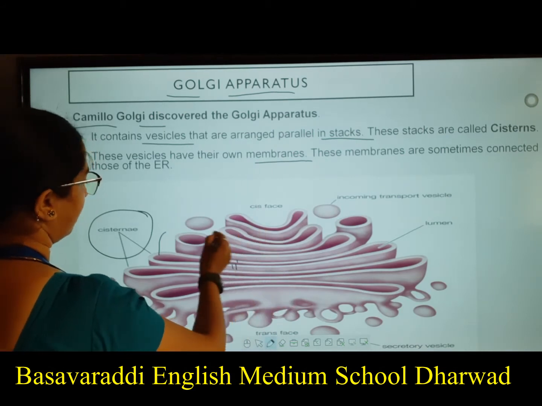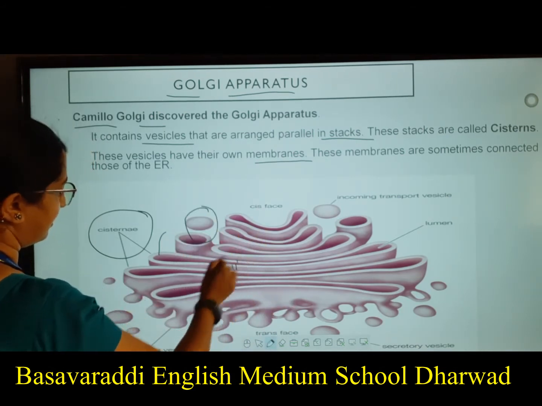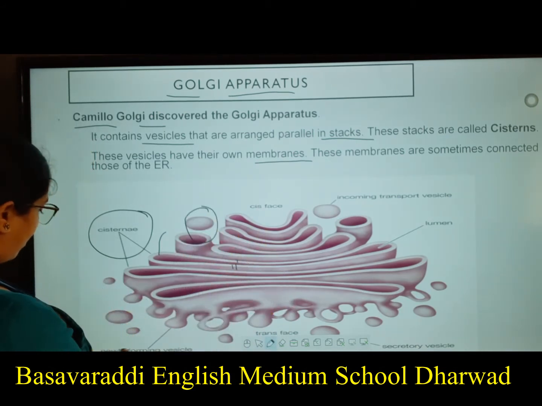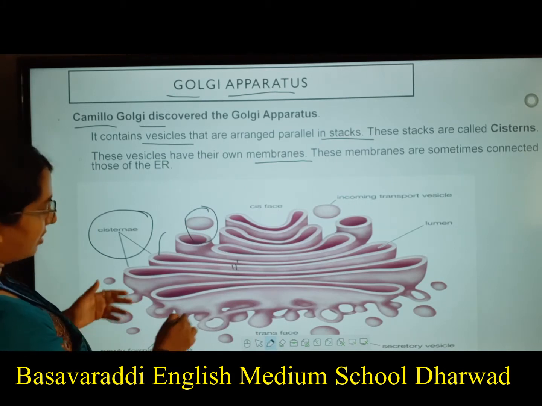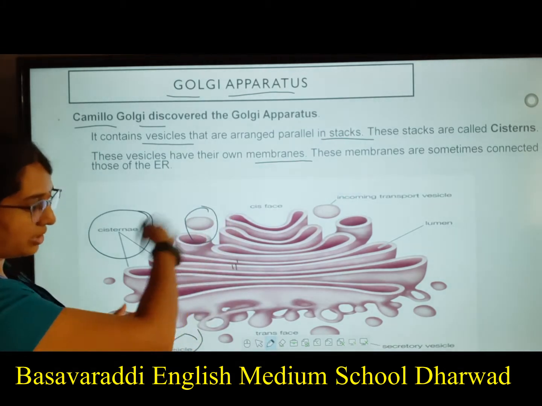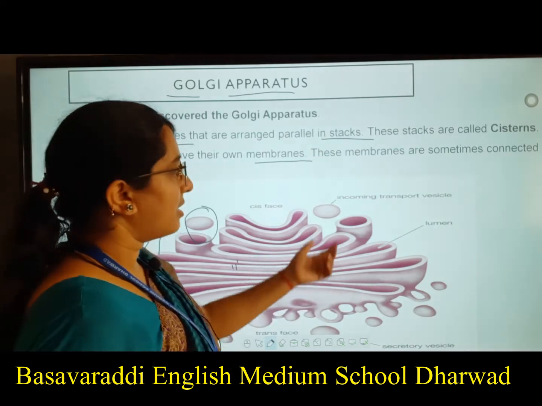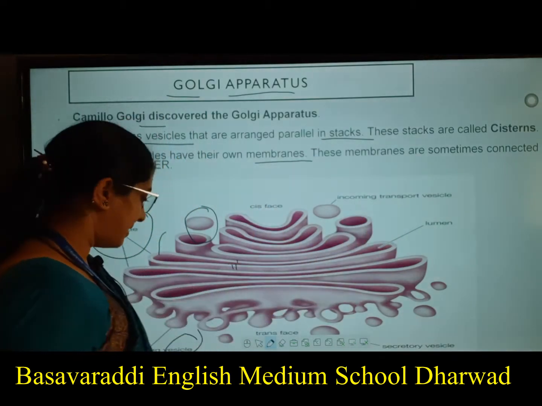You can see this stack-like structure. We have vesicles, which we'll come to know in the next part. We have the lumen, and we call this the cis face.